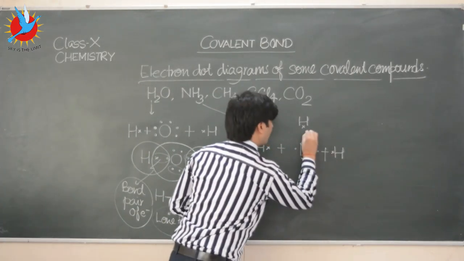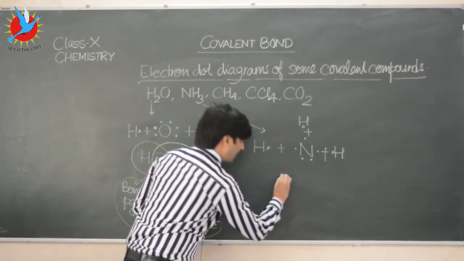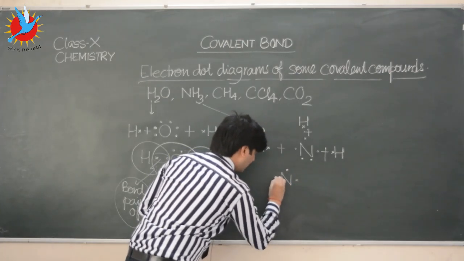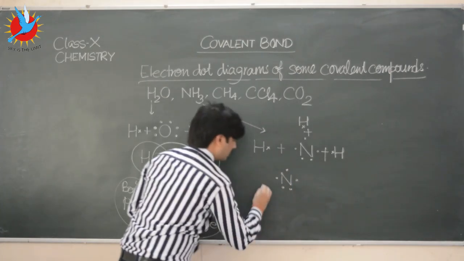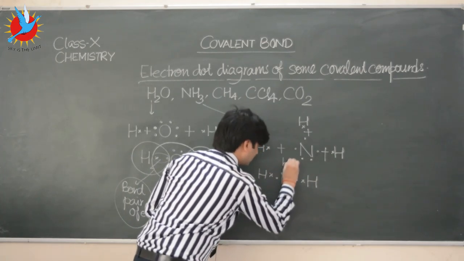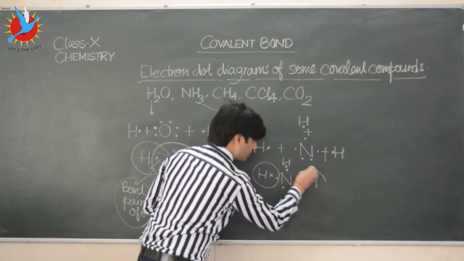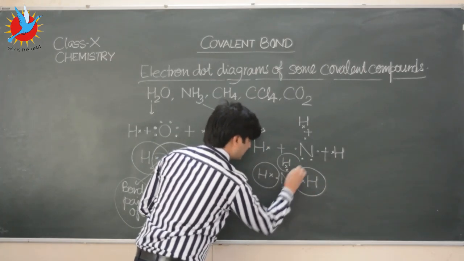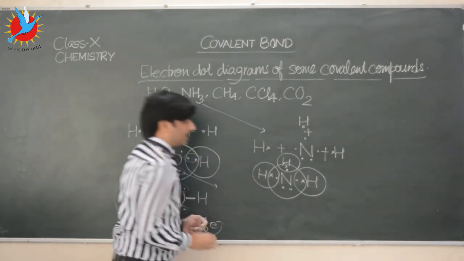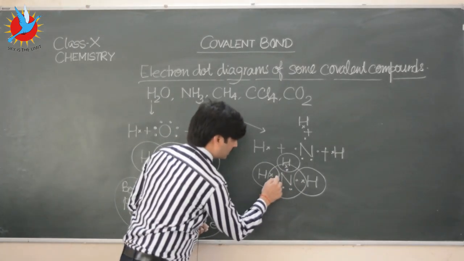So they will share 1 electron with the nitrogen atom, and after the sharing of 1 electron with nitrogen atom, they will get the electronic configuration of the nearest noble gas. At the same time, nitrogen atom will also get 8 electrons in the outermost shell. 1, 2, 3, 4, 5, 6, 7, 8.